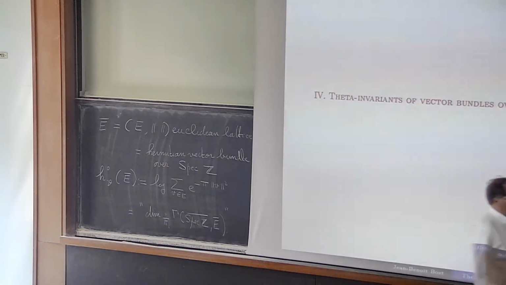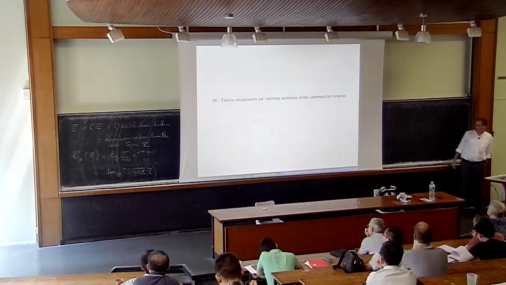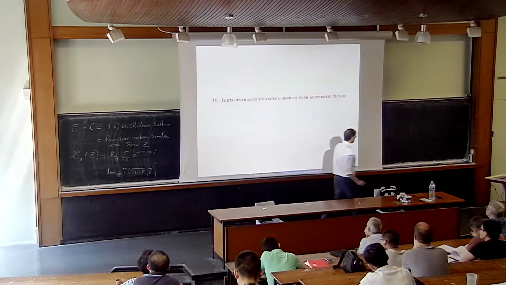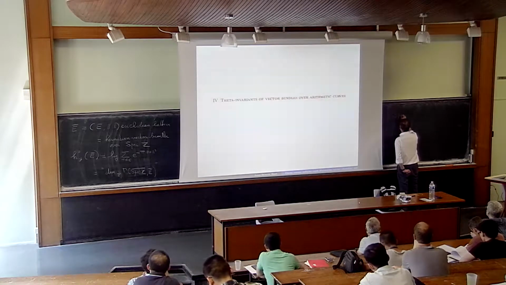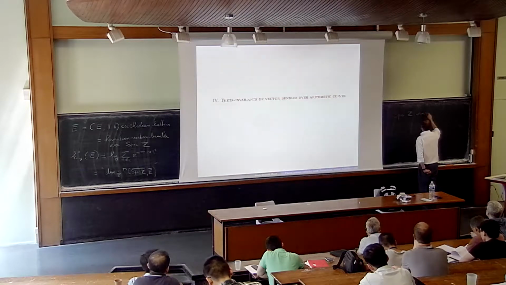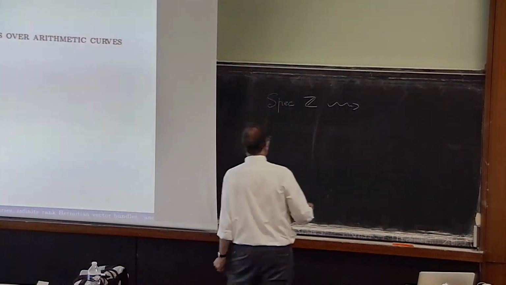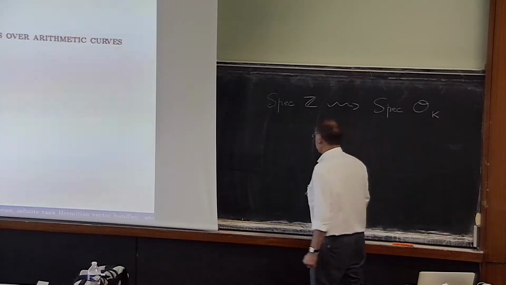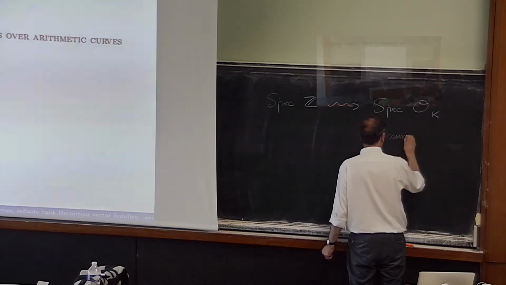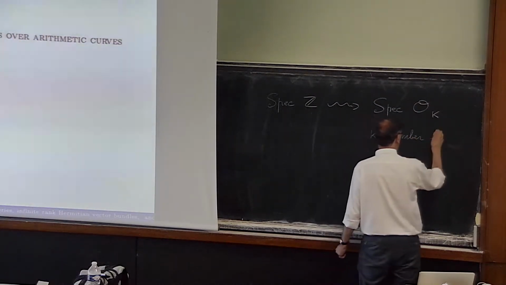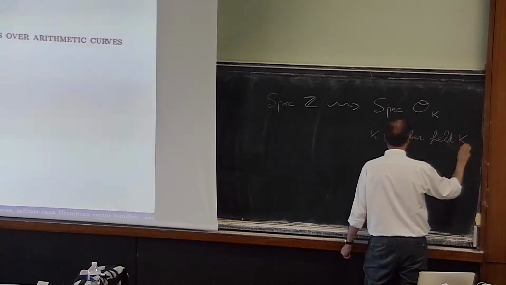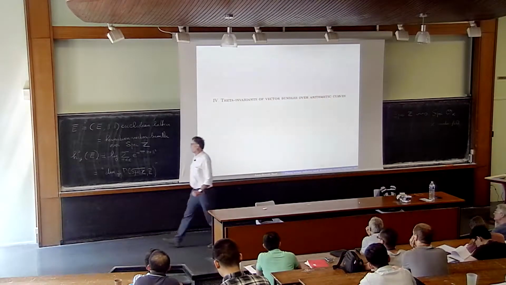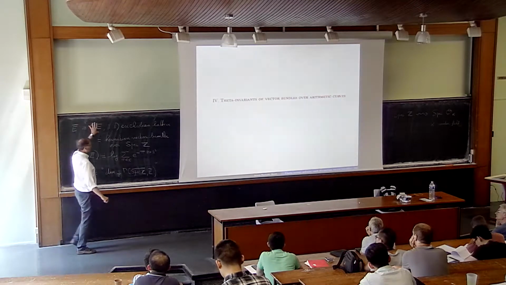Okay, so today I would like to explain three things. First of all, how this formalism extends to the situation where you replace spec Z by some general arithmetic curve, that is spec OK, where OK is the ring of integers of some number field K. Then I would like to explain how this formalism of H0 theta extends to some kind of infinite rank Euclidean lattices.